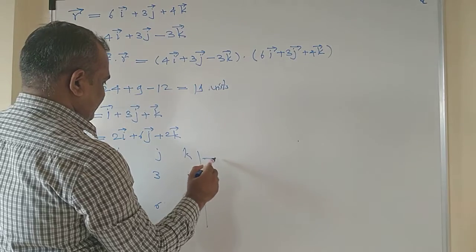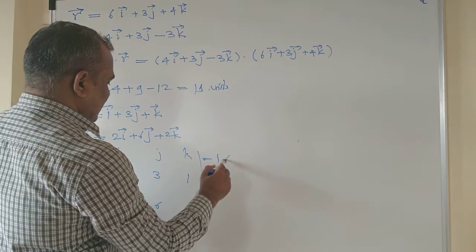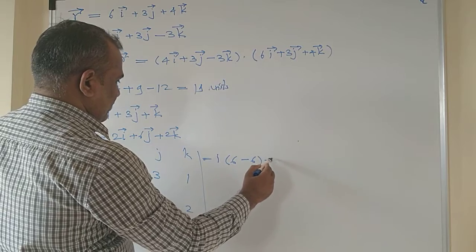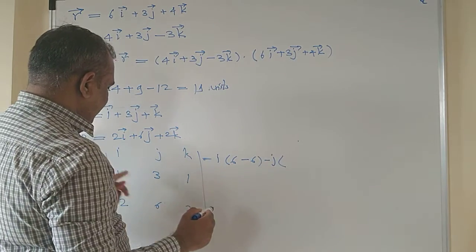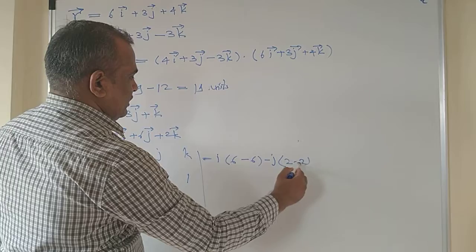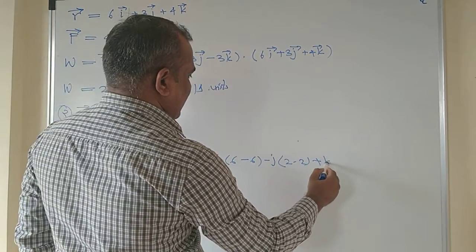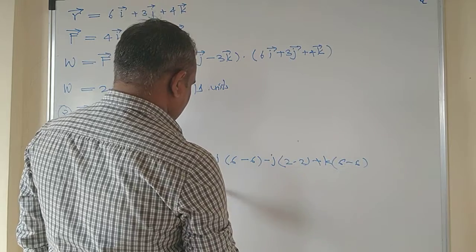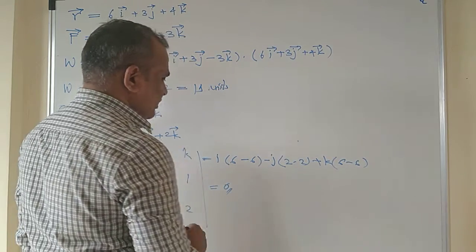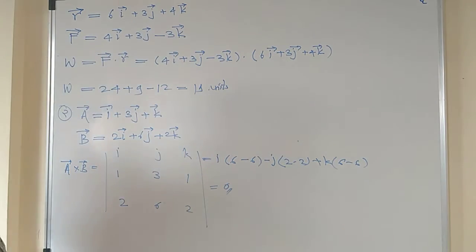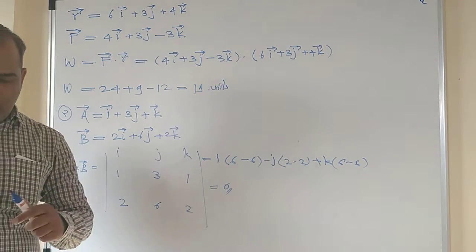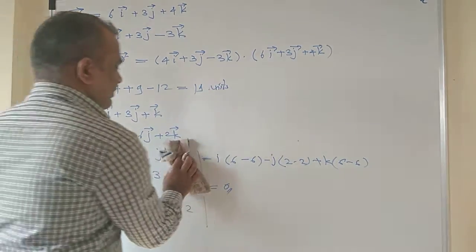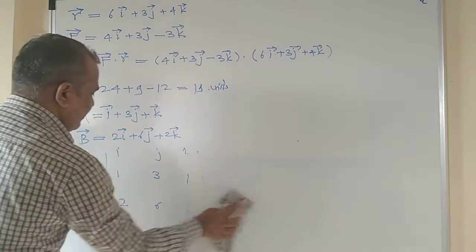If you solve the determinant, you will get i times 6 minus 6, 0, minus j times 2 minus 2, plus k times how much? 6 minus 6, which comes out equal to 0. It's an easy one. So this means that these two vectors a bar and b bar are parallel to each other, right? Now go for the next problem.